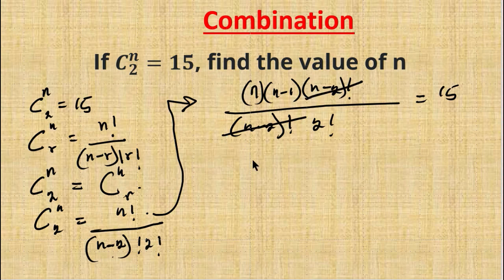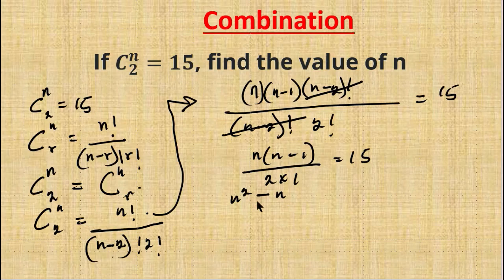For the numerator, I'll be left with n into n minus 1 over 2 factorial, which is the same thing as 2 times 1. That's n into n minus 1 over 2 times 1 equals 15. Invariably, n squared minus n all over 2 equals 15. This is the same thing as writing n squared minus n equals 2 times 15, that's equal to 30.